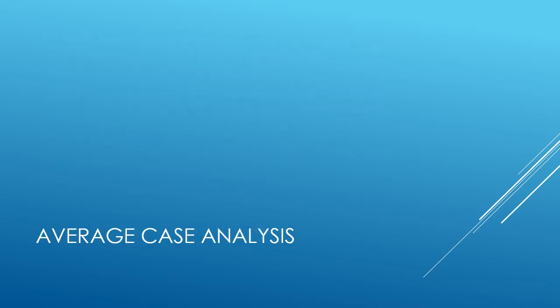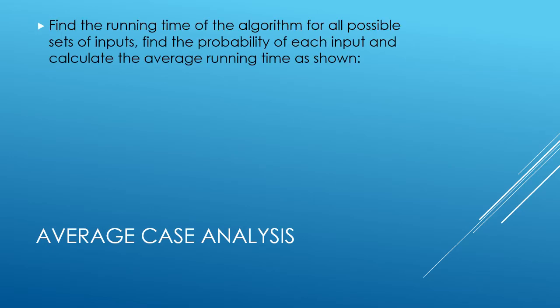Average case analysis. Find the running time of the algorithm for all possible sets of inputs. Find the probability of each input. We assume that an algorithm can be given X different inputs. The running time of input K is Tk and the probability of input K is Pk. The average running time is P1 into T1 plus P2 into T2 plus ... plus Px into Tx.